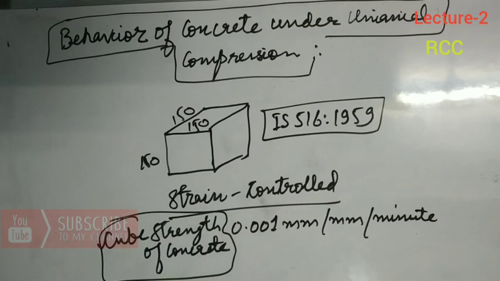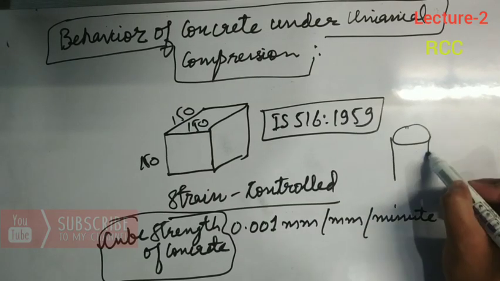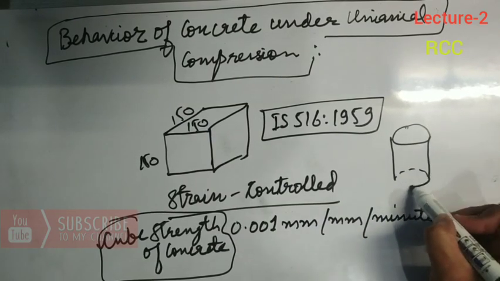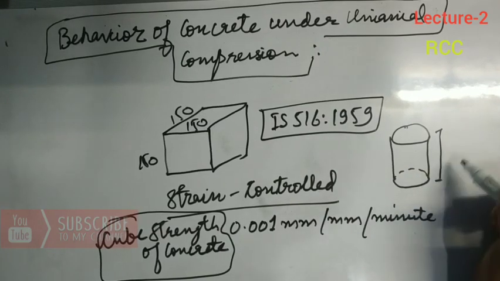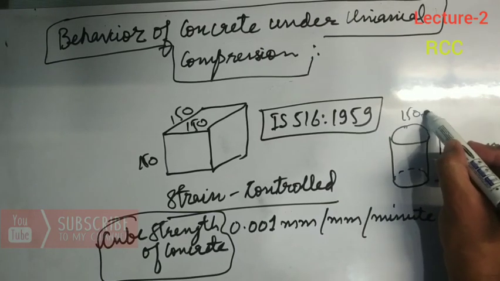Now see, in some countries instead of casting 150 mm by 150 mm cubes, they cast standard cylinders of height to diameter ratio of 2. That is 150 mm diameter and 300 mm height. In countries like USA, instead of casting cubes, they cast cylinders of height 300 mm and diameter 150 mm.